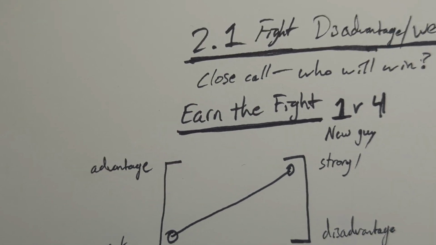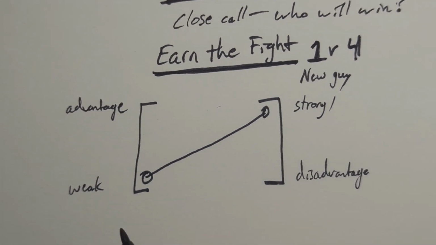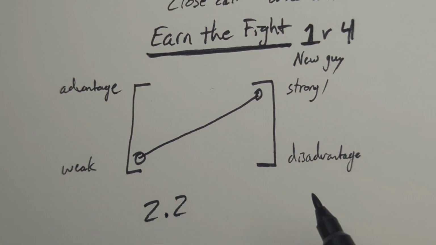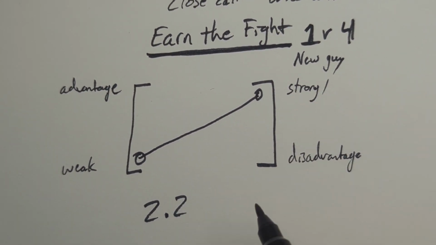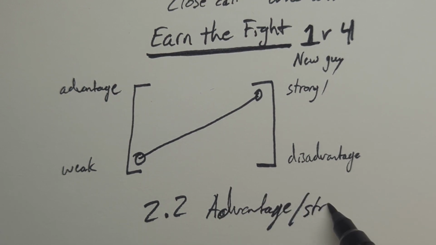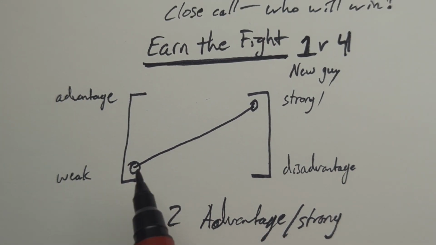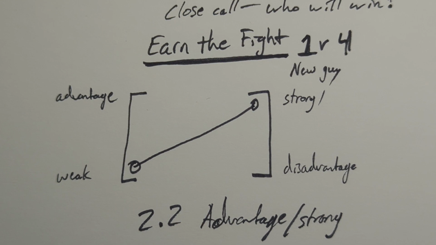All right, so this is 2.1, weak disadvantage, so we want to feel like we've earned the fight. Then down here we've got 2.2. This is the second part to it, and this is, of course, the advantage, or strong. And what you want is to start the characters off here in the weak position. In the weak position, it could be a number of things.